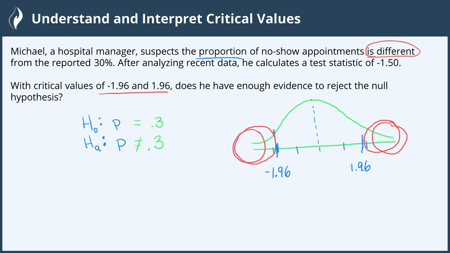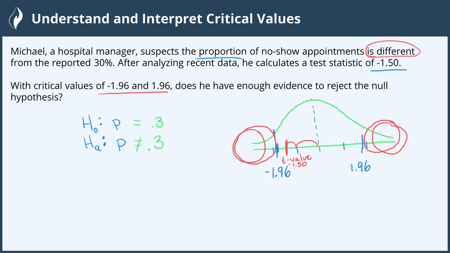And so now let's look at our test statistic of -1.5. -1.5 is 1.5 standard deviations below the mean. So here's 1 standard deviation, and here's a half standard deviation. So our test statistic, or our t-value, let's write t-value here, is -1.50.